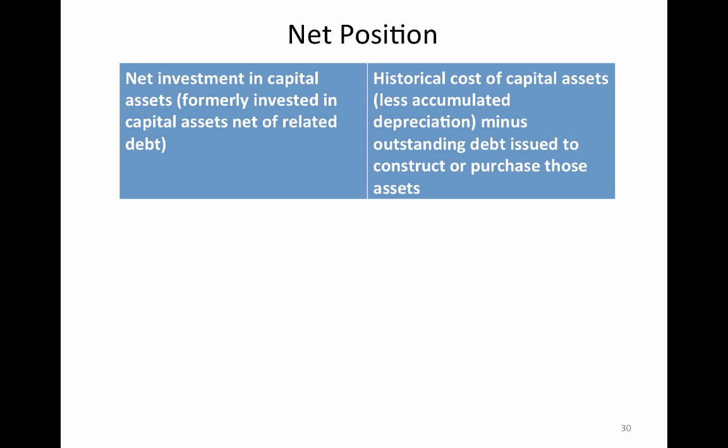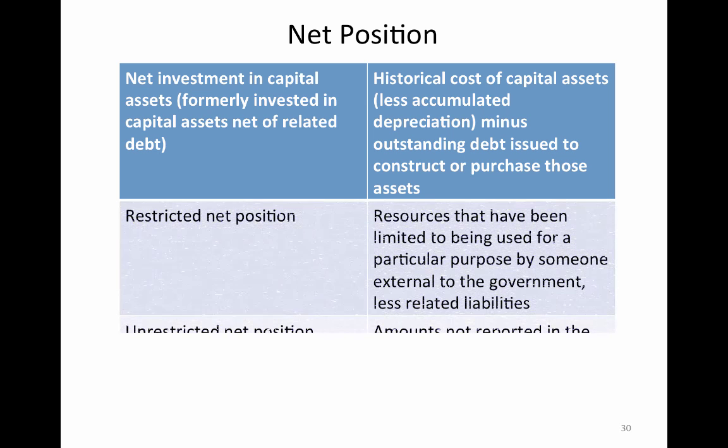Net position then, the bottom line after assets and deferred outflows of resources, subtract liabilities and deferred inflows of resources, is presented in three components. Net investment in capital assets, which is the net book value of the capital assets less any outstanding debt that was issued to construct or purchase those assets.